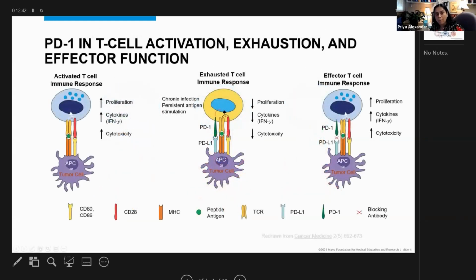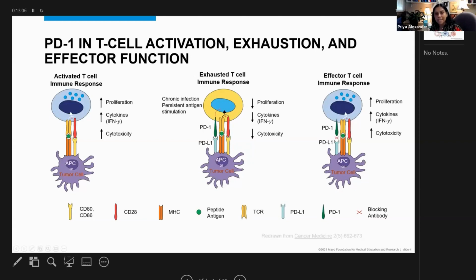Similarly, in the more peripheral tissue or organ system, there are the PD-1 and PD-L1 negative regulators of the immune system. For example, here you have an activated T cell immune response where the co-stimulation is taking place.